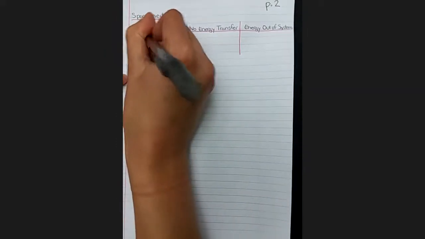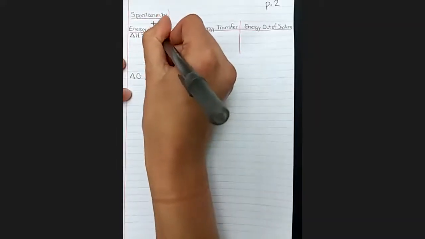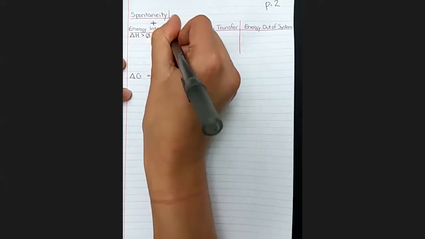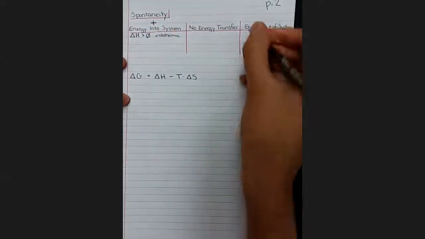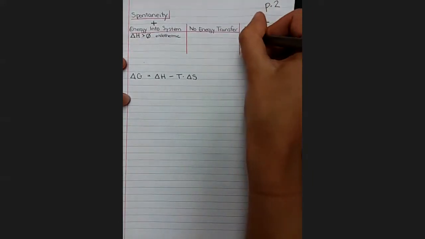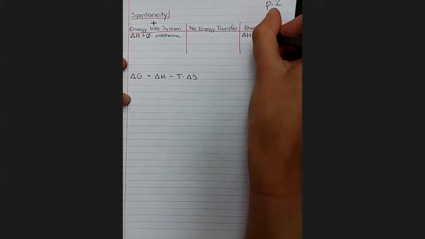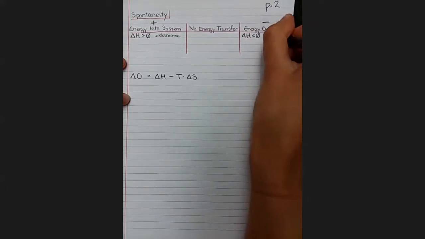So if we have a positive value for enthalpy, we called this endothermic. If we have energy leaving the system, that's going to be negative.